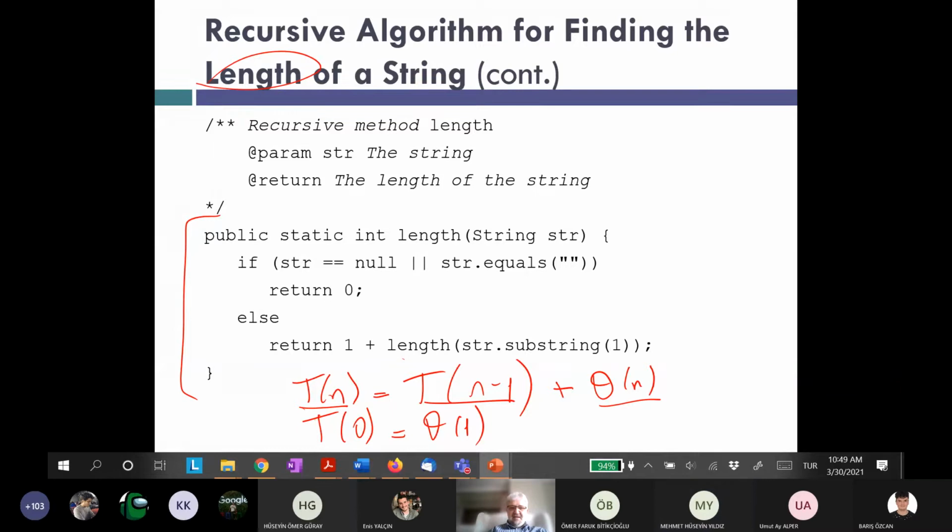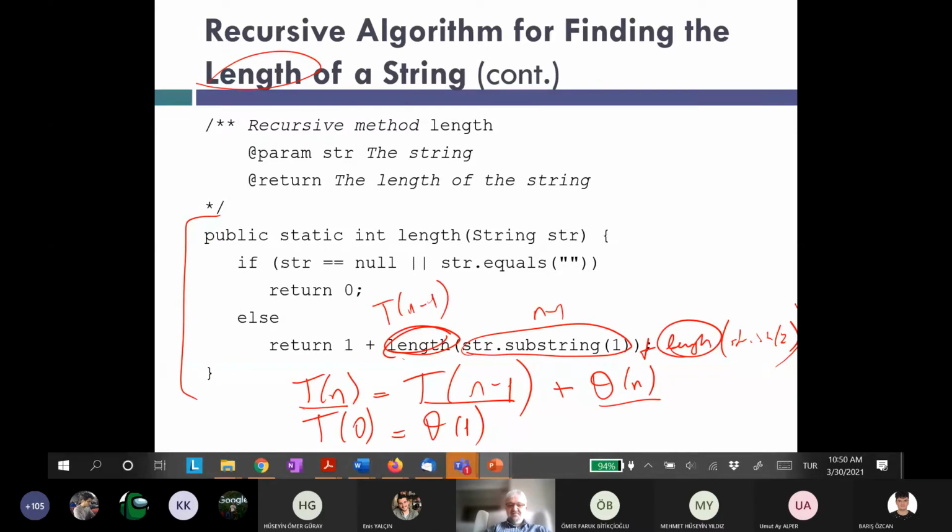We are going to come to that point later on, but if there are two recursive calls, like length of str substring from 2, for example, we check what is the size here, n minus 1. So this call will take T(n minus 1) time, right?